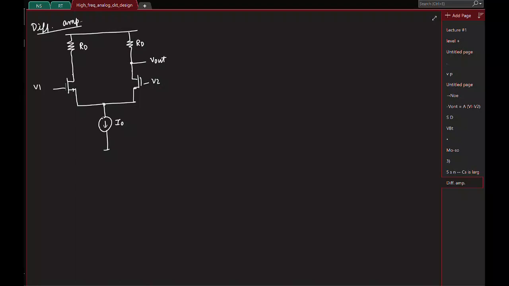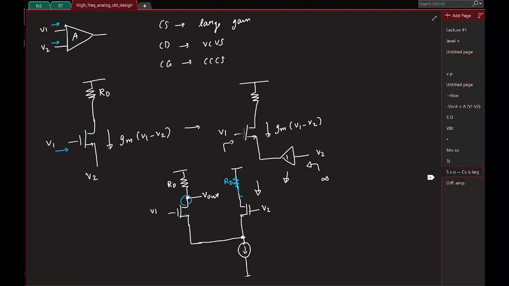Okay, great. So let's try to calculate what this output voltage is. Now one thing we know for sure is that if you use an ideal buffer here, then the incremental current is Gm times V1 minus V2, and what will be the output in that case?